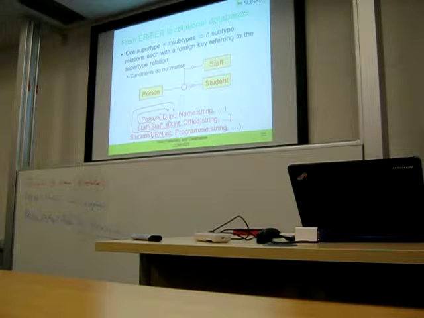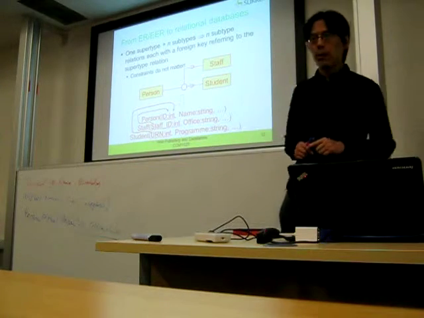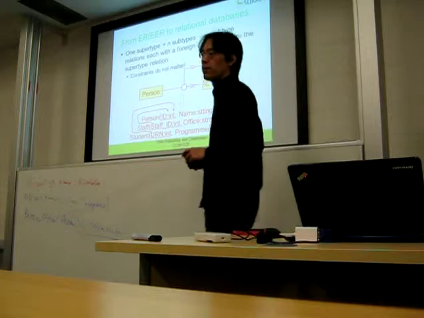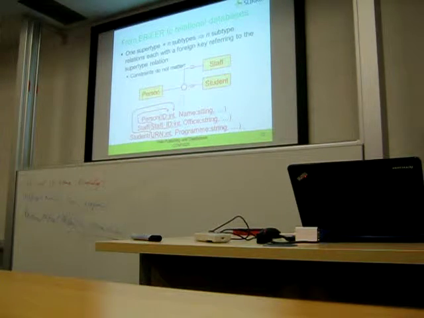That's it. Because every single subtype belongs to the supertype, you need to borrow attributes in the supertype. And the foreign key allows you to get all the attributes within the supertype table.